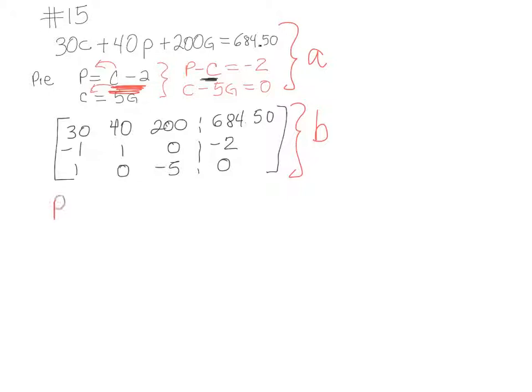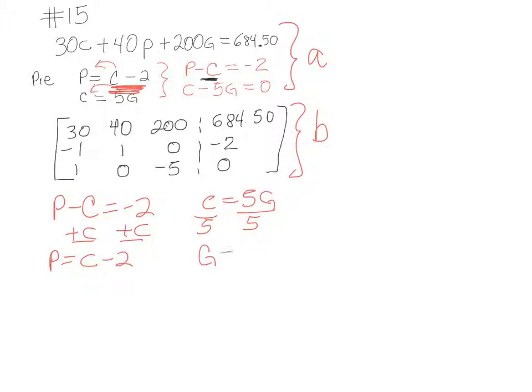So P minus C equals -2. We move the C, so it's P equals C minus 2. And then the third one was C equals 5G, divided by 5.